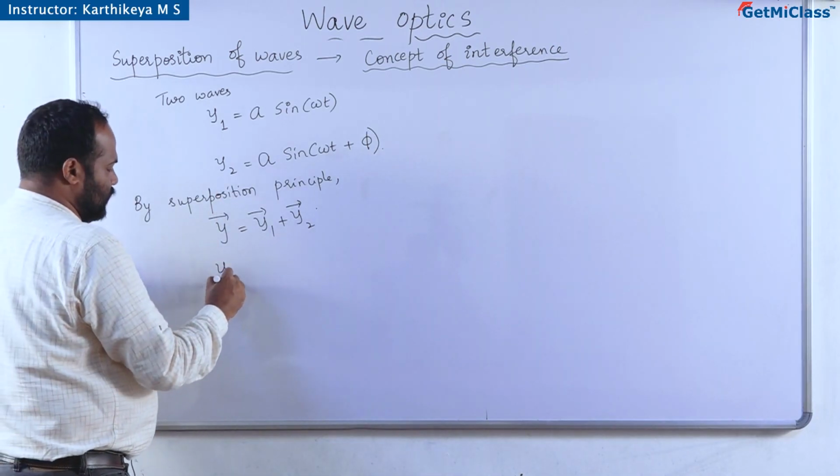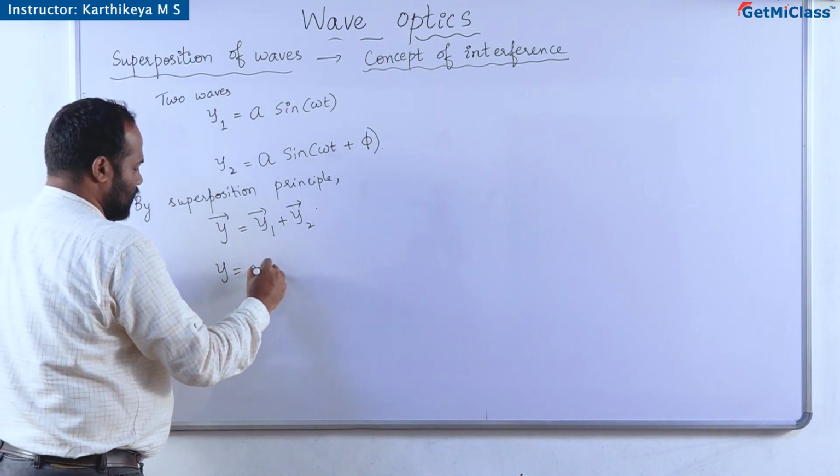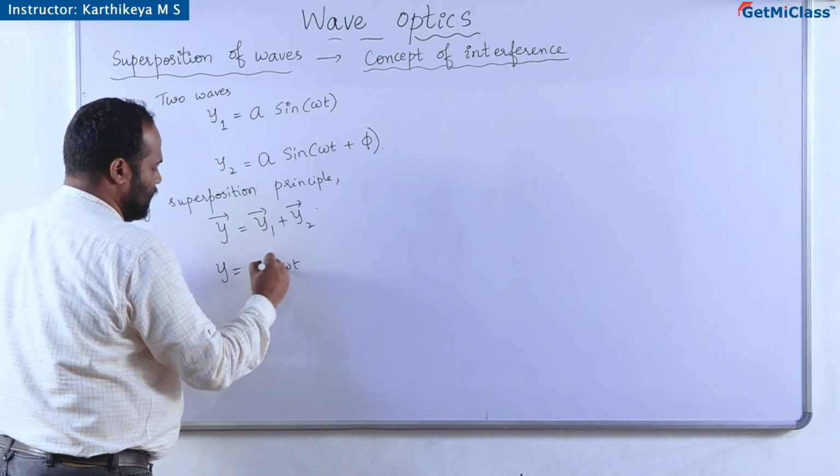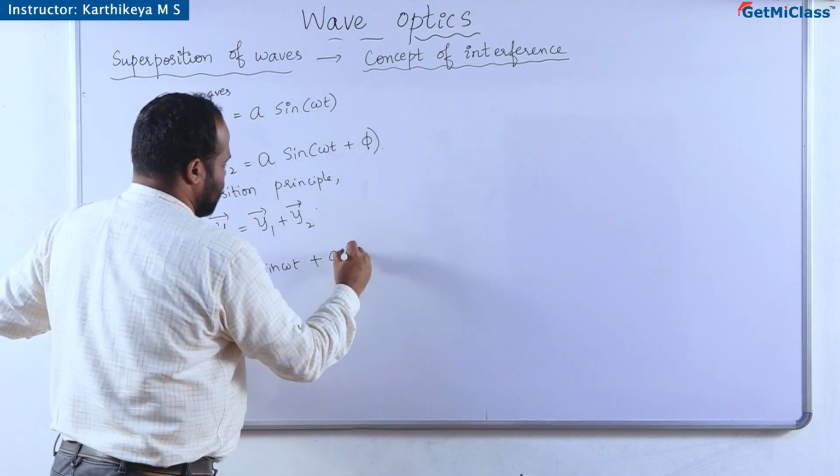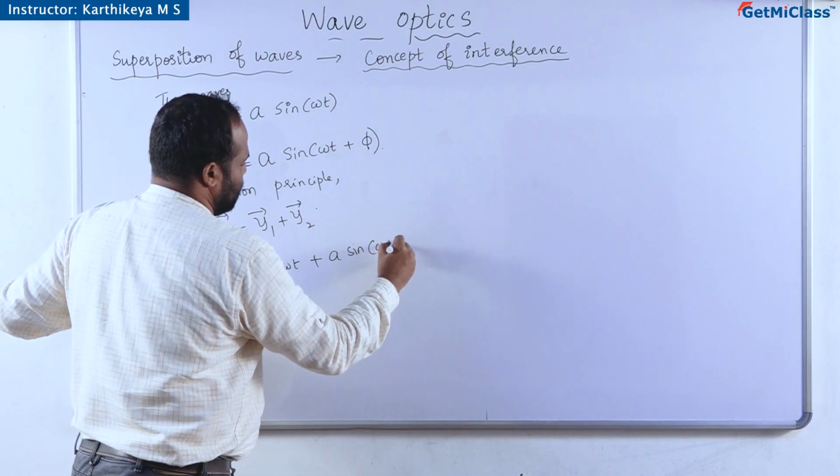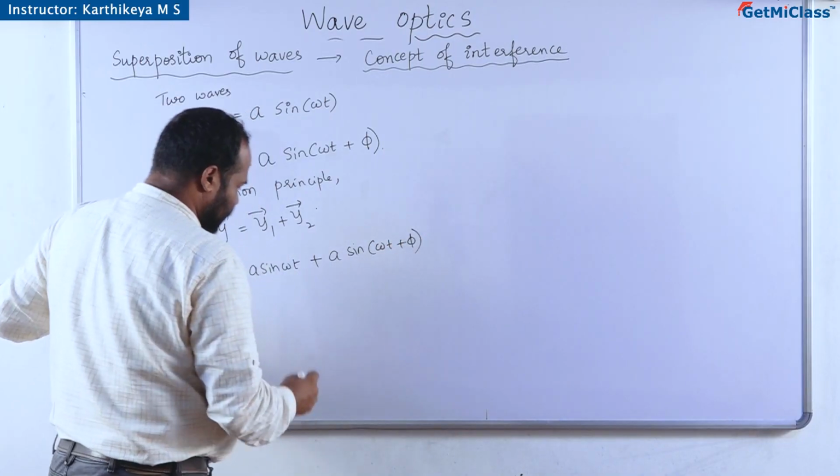This will yield y equals a sin omega t plus a sin (omega t plus phi).